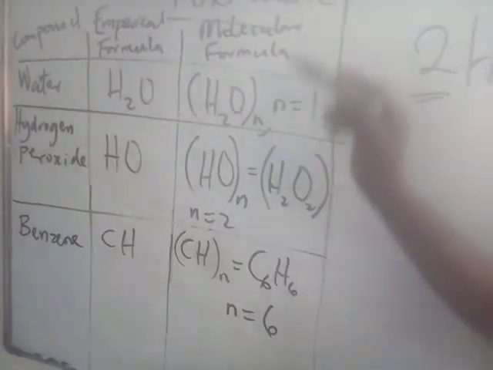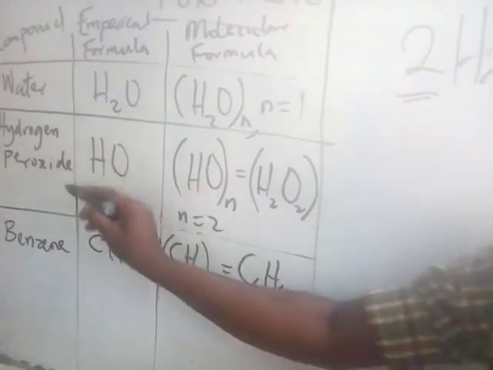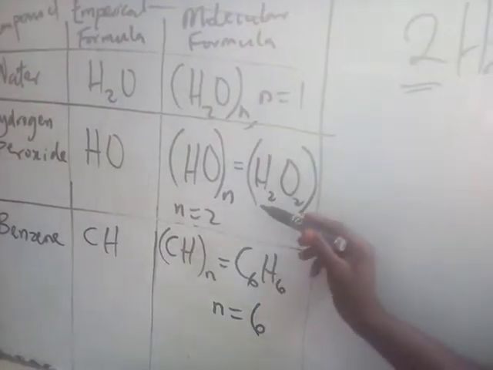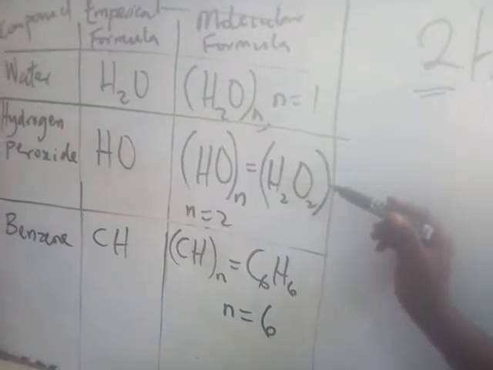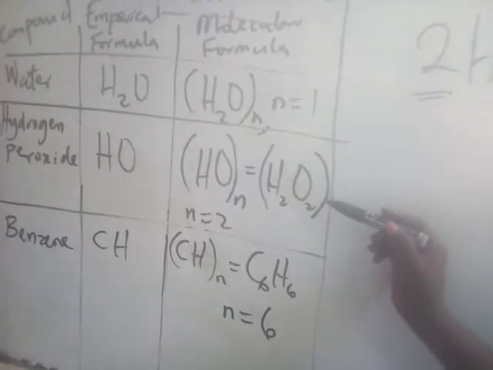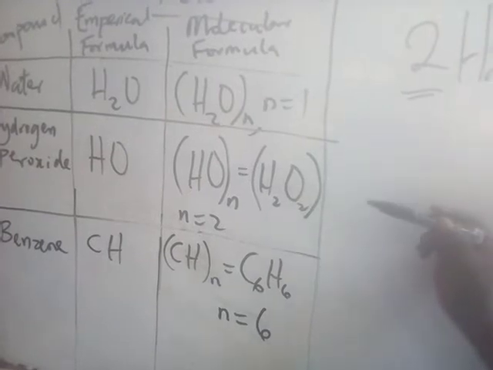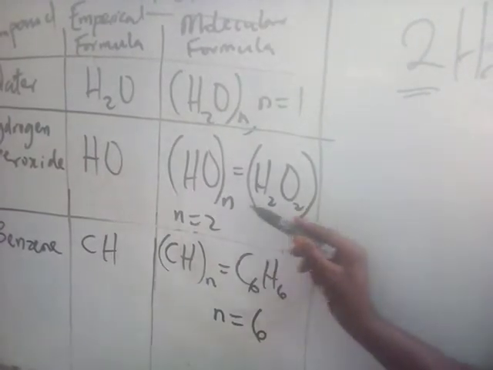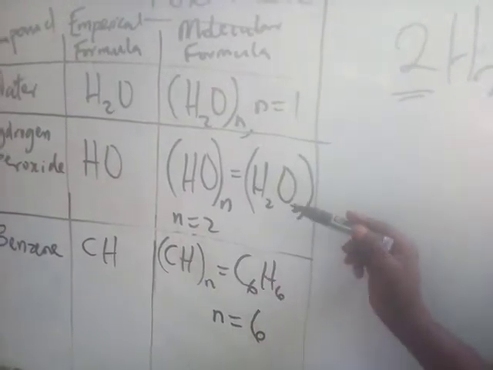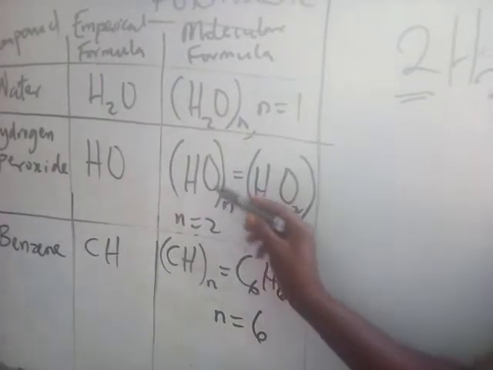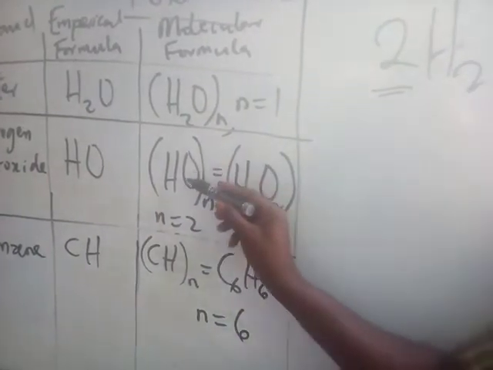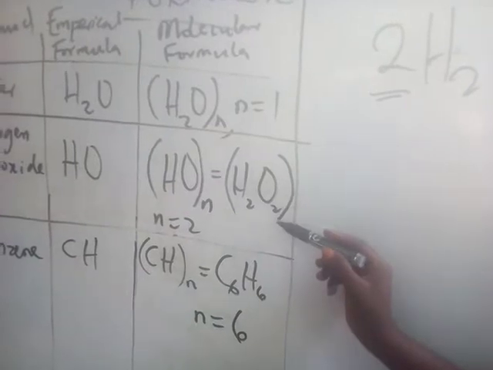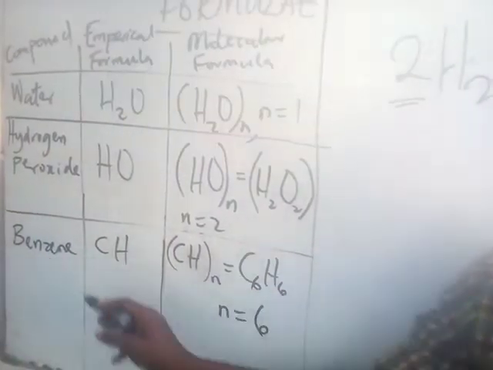Now, the molecular formula of hydrogen peroxide has to be H2O2, which is the correct formula for hydrogen peroxide. So this n stands for 2. If you open the bracket, you have 2 times H and 2 times O. So you have H2O2.